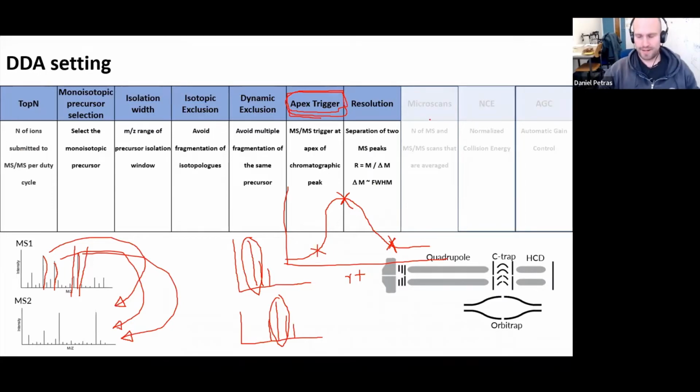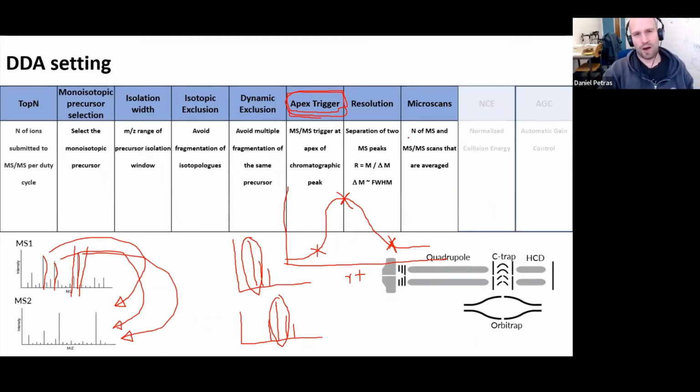Okay, all right, then now coming to the microscans. This is the number of raw scans performed in an Orbitrap, which are then merged to one scan, which is written into the data file.